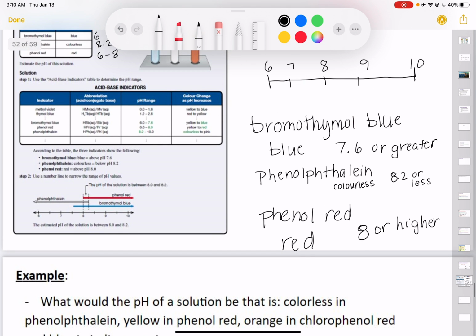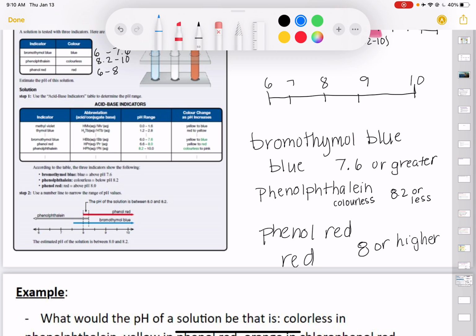So let's put this on our line. For bromothymol blue, it says it's 7.6 or greater. So where's 7.6? We're going to have to guess that it's 7.6 or greater. That's in that scale, okay?